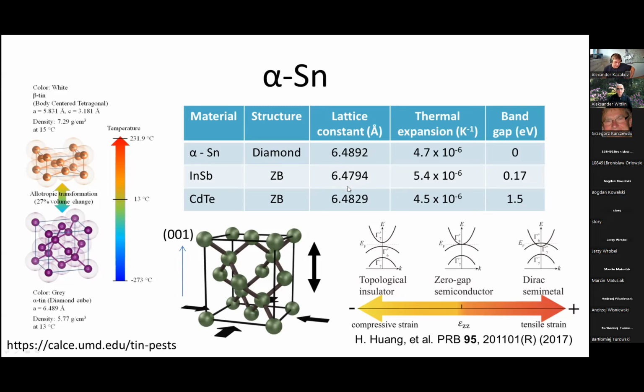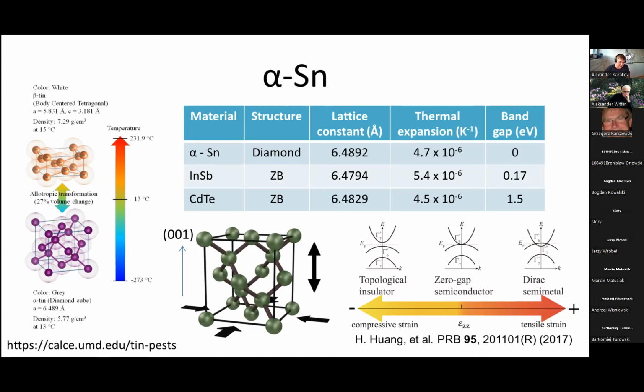So the difference in the lattice, so the fact that the lattice constants are similar, the substrate stabilizes this gray tin form of tin on one hand, but on the other hand it induces some in-plane strains, which result in the opposite sign of strains in the z direction.